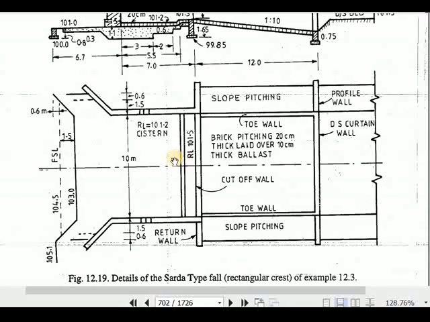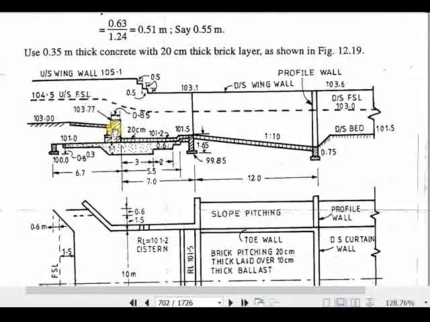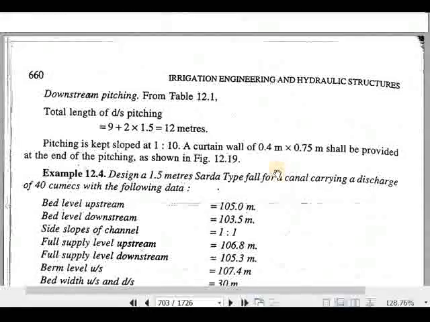And at this portion we have reduced level given, we have slope pitching, this one, and we have raised crest, we have its reduced levels here, which are clearly written. We have this one rise, and we have sloping, and then we have rise again here. So that is important sublime type of fall.